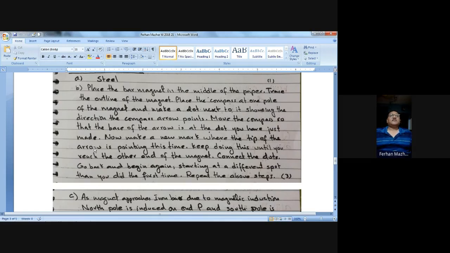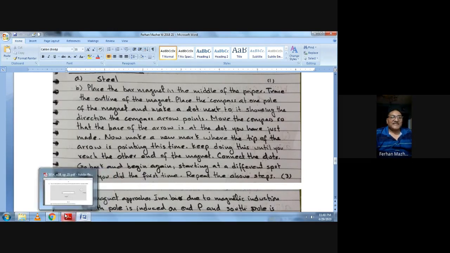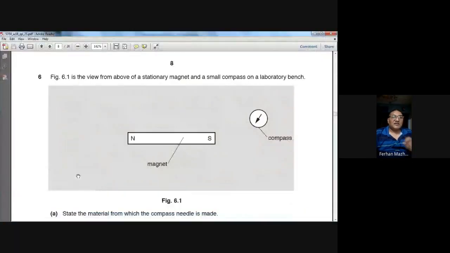Connect the dots, go back and begin again, starting at a different spot than you did the first time. Repeat the above steps. So this is how you will be able to draw magnetic lines around a permanent magnet. It's a 3-mark question, frequently asked in papers, and you have to write details. So I will say that please write it yourself so you master this experiment.